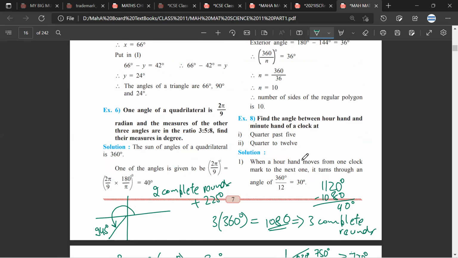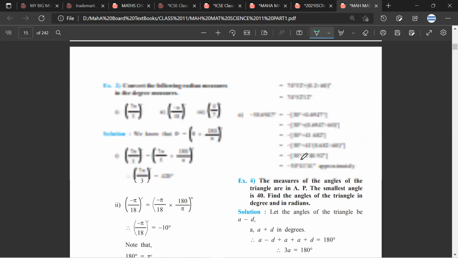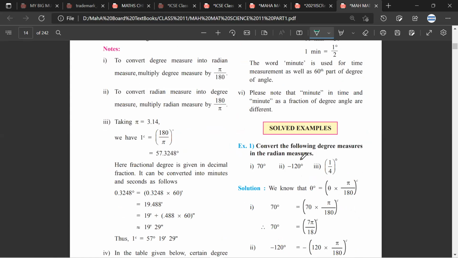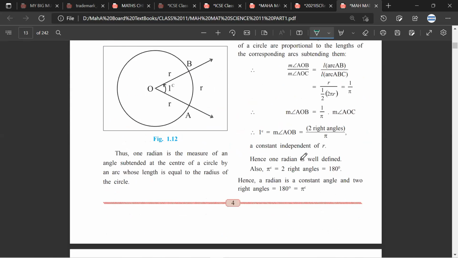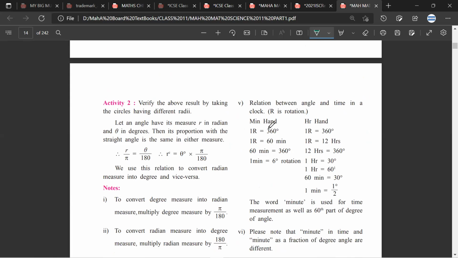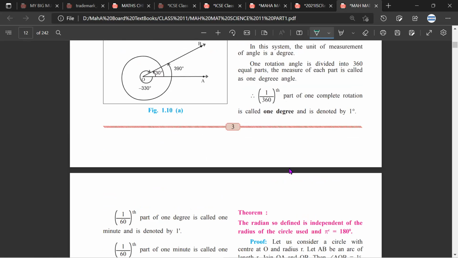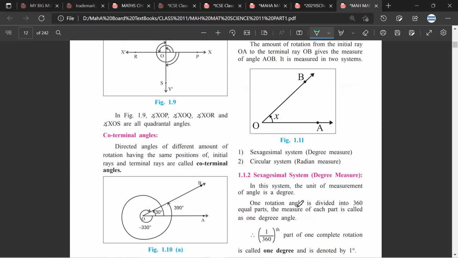Now tomorrow, what we'll do is understand what are radians, how to convert degrees to radians, radians to degrees, what are minutes and seconds in terms of the angles. Basically, do you see these two? Sexagesimal system and circular system.